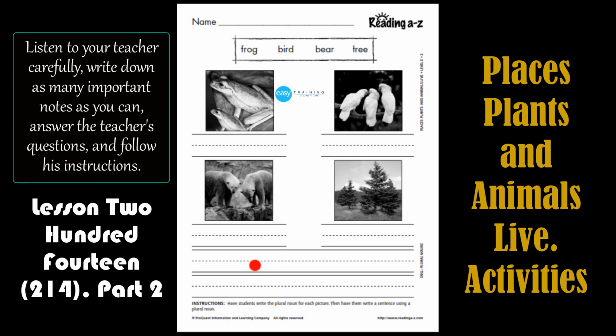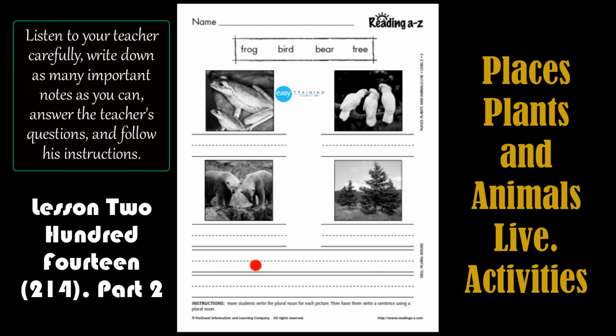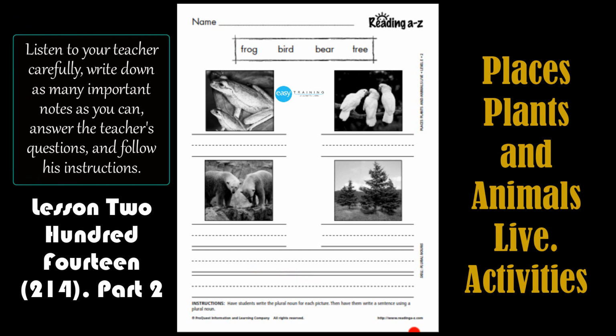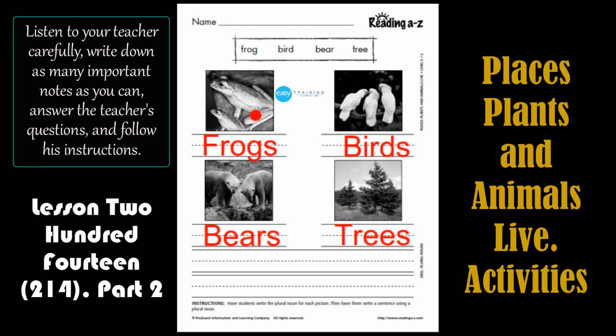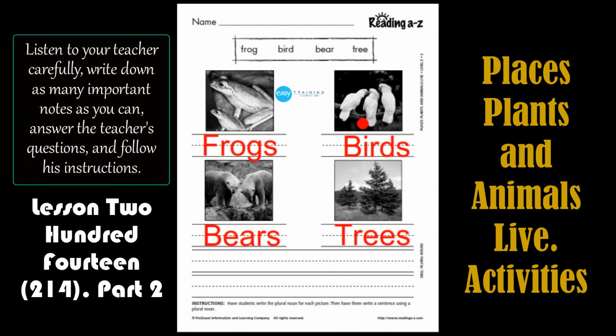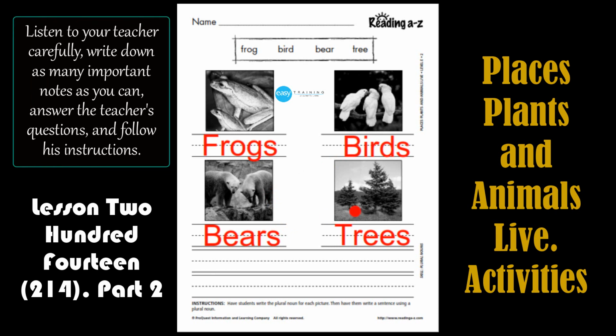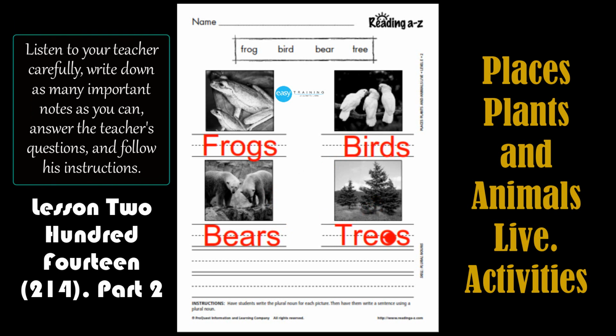Okay? You try to make your own sentences as well. Here we are. There are 2 frogs, 3 birds, 2 bears, and some trees.